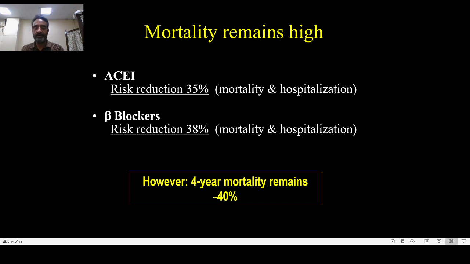The 4-year mortality remains at around 40%. So this is a disease where, despite pharmacotherapy and other measures, the ultimate survival is reduced and mortality remains high.